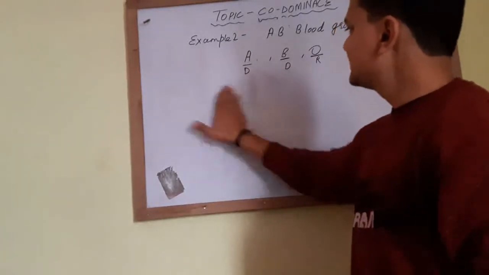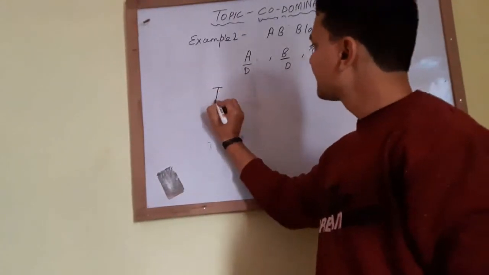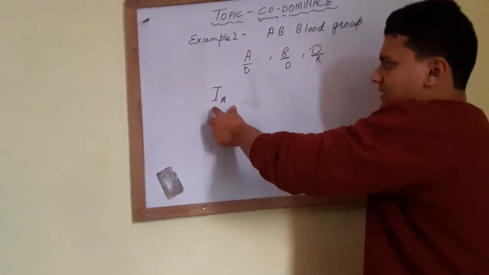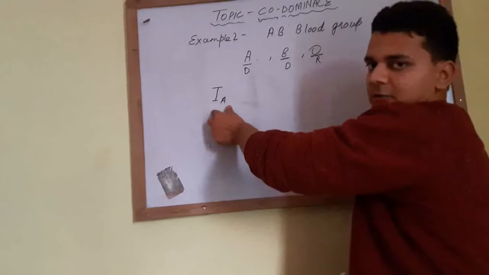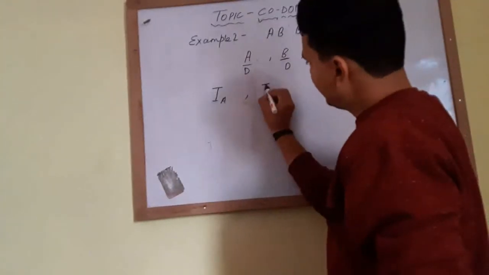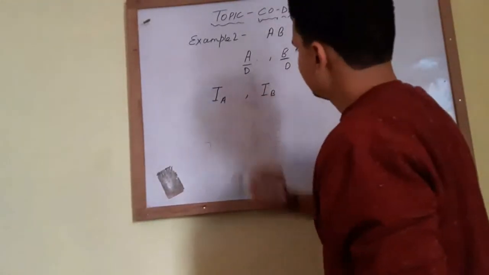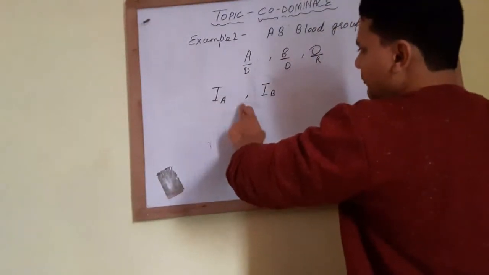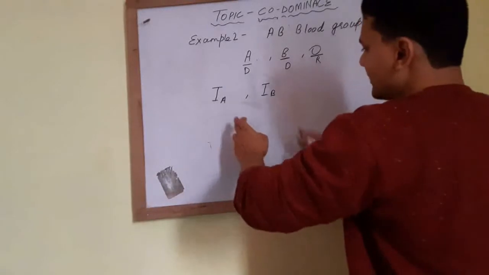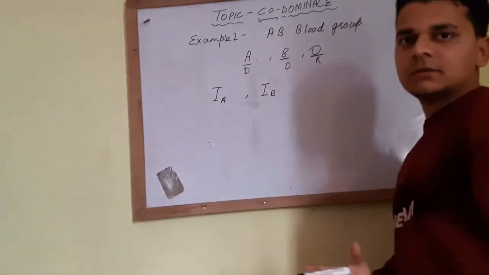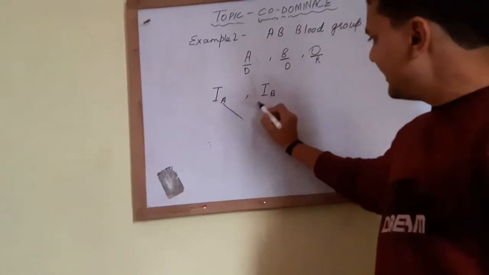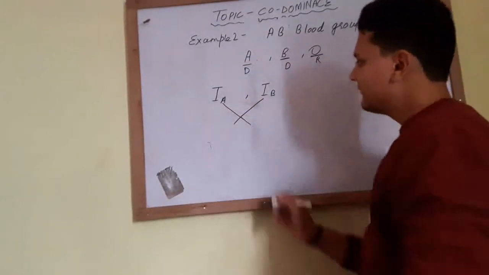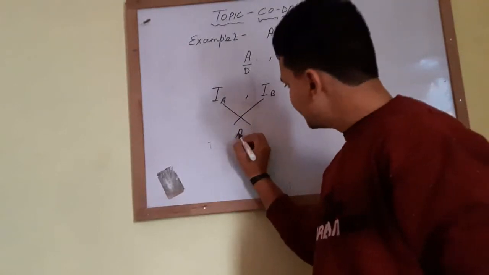Say IA is a gamete that represents the A blood group, and IB is a gamete that represents the B blood group. When they both interact with each other, the blood group that we get will be AB.